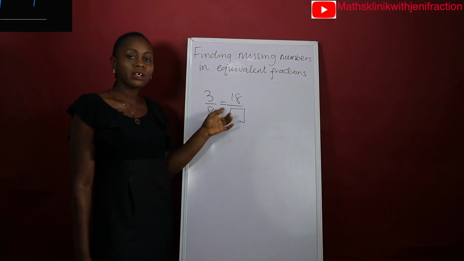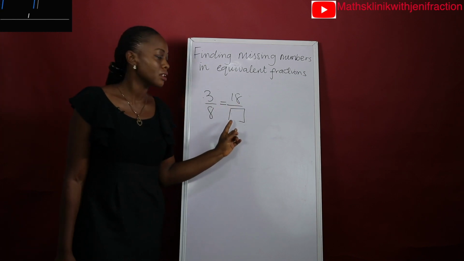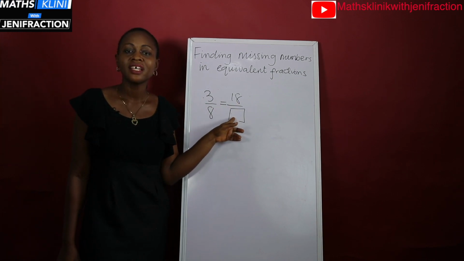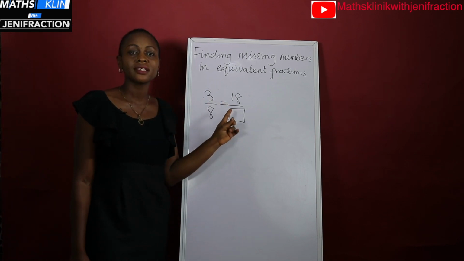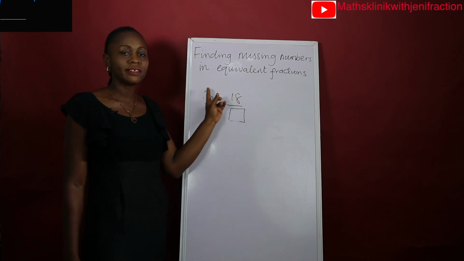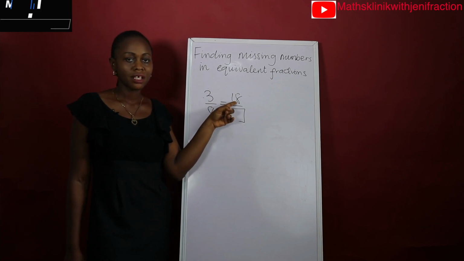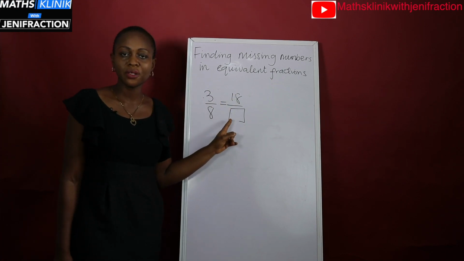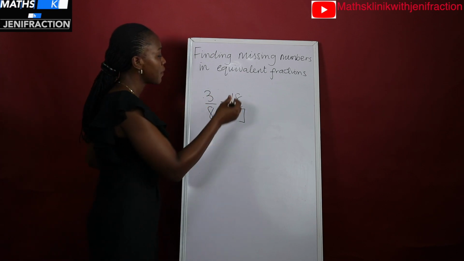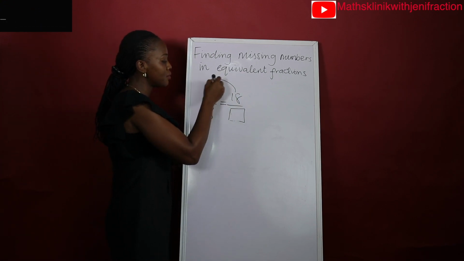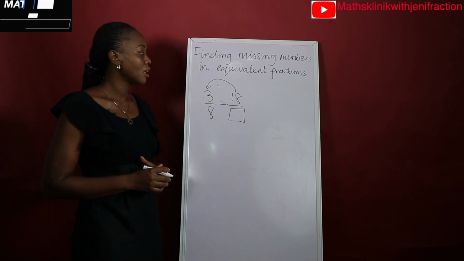3/8 equals 18/box. We're looking for a missing denominator. Remember, if your missing number is a denominator, you divide the numerators. So the first step is to divide our numerators.